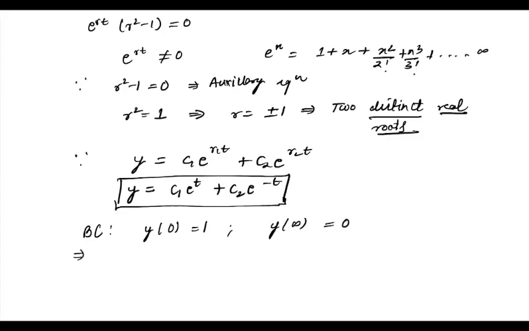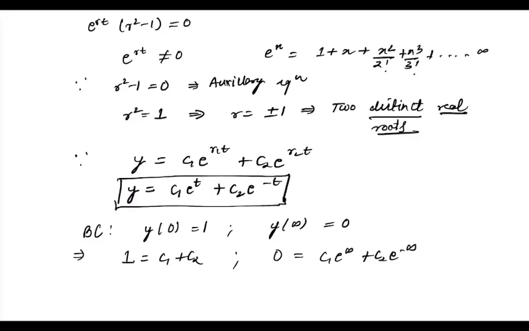We put t is equal to 0 in this equation and get 1 is equal to c1 plus c2. If we put infinity, y is 0, so we get c1 e to the power infinity plus c2 e to the power minus infinity. We cannot have the exponential infinity term because that will not satisfy the equation.